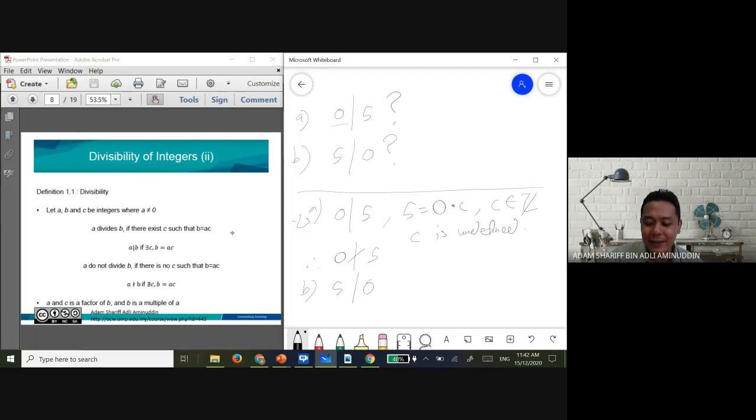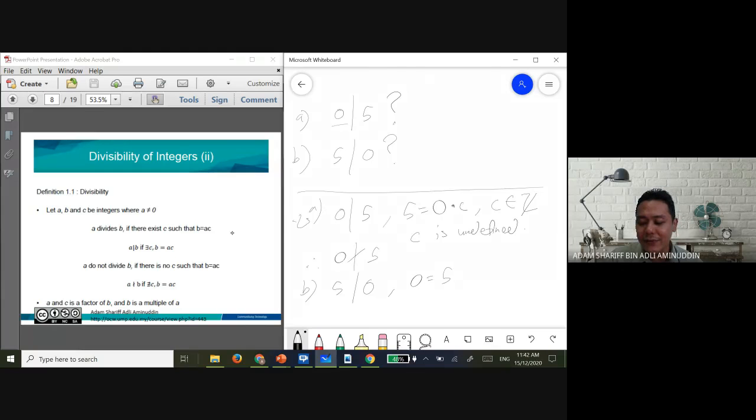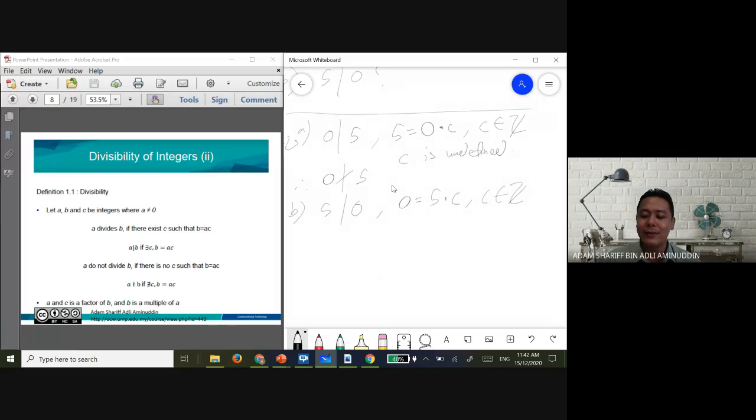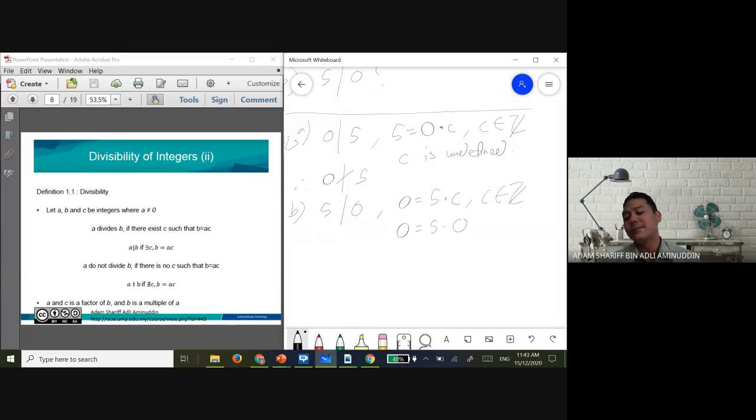But that is not the same case for 5. Is 5 a factor of 0? Yes. 0 equals 5 times C, and C must be an integer, right? What is C? It is 0. This is clear. C is defined and C equals 0. 0 is an integer.